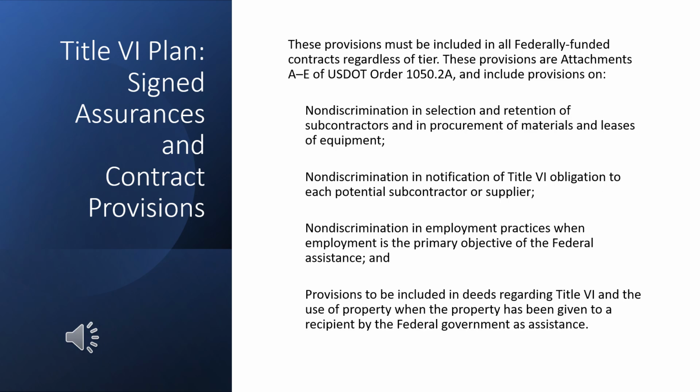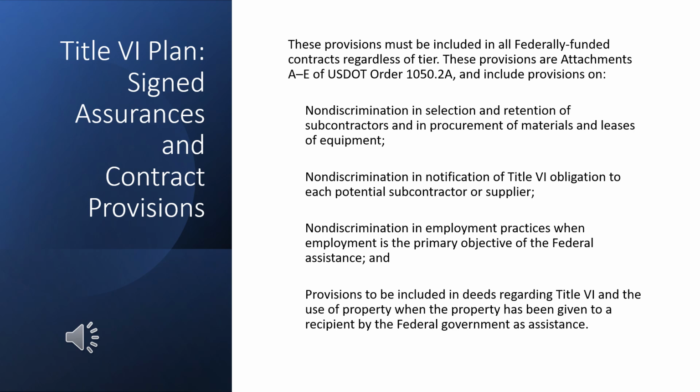The contract provisions contained in the assurances are described on this slide. Non-discrimination in the selection and retention of subcontractors and in procurement of materials and leases of equipment. There's a contract provision on non-discrimination in the notification of Title VI obligations to each potential subcontractor or supplier.